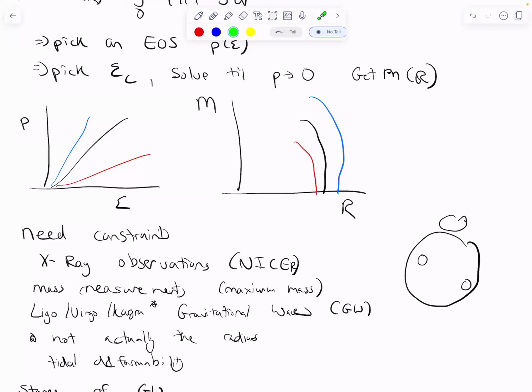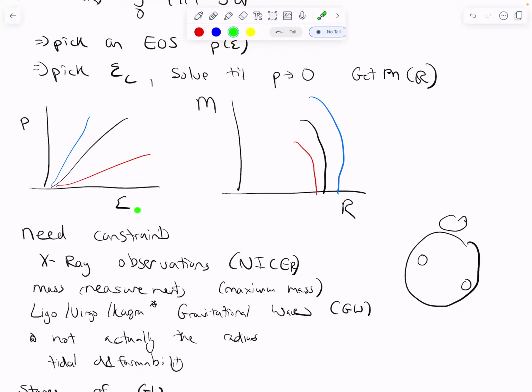If I have a small central energy density, that means that, you know, maybe I'm like here or something like this, then my pressure is lower. As I go out in central energy densities, i.e. having more massive stars, then my pressure is going to increase. In fact, we know for stability reasons that pressure always has to increase with energy density or stay the same.